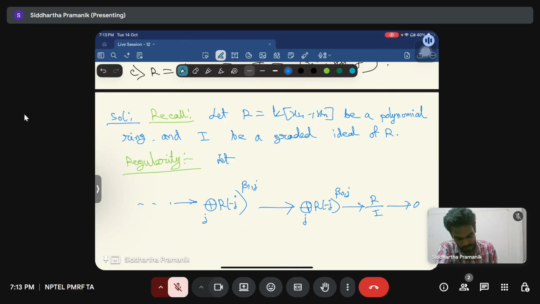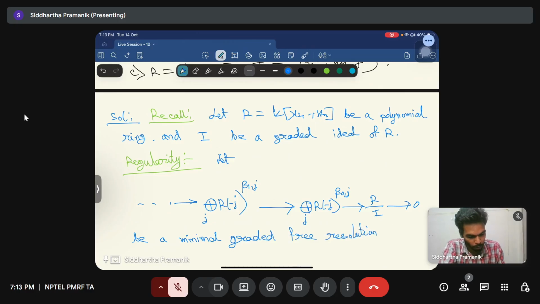So let this be a minimal graded free resolution of R mod I, right?